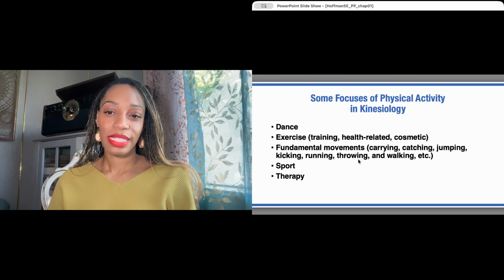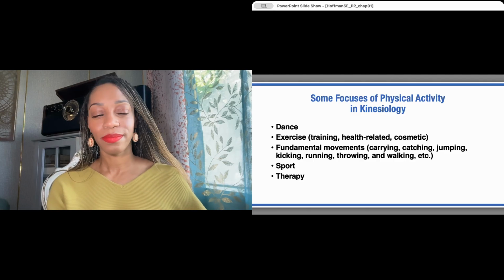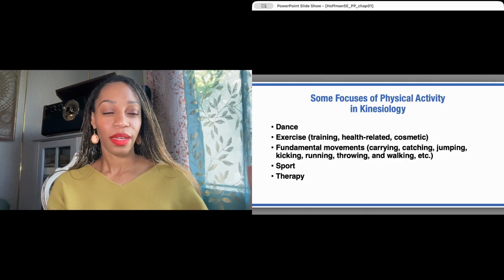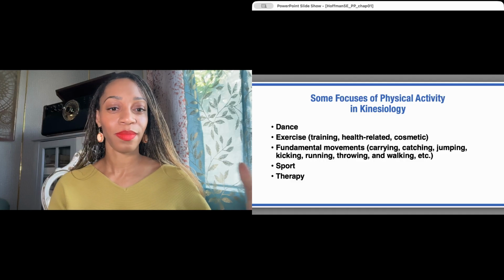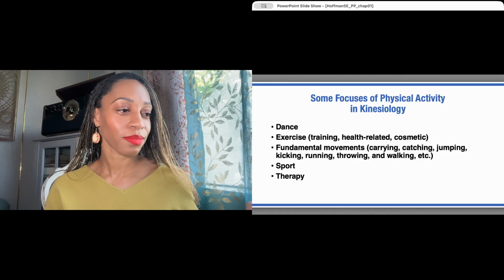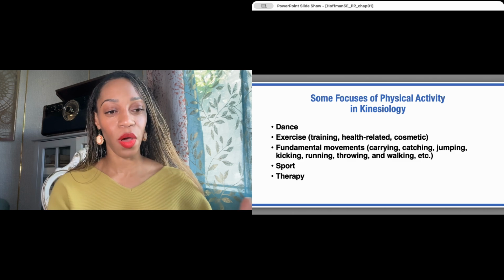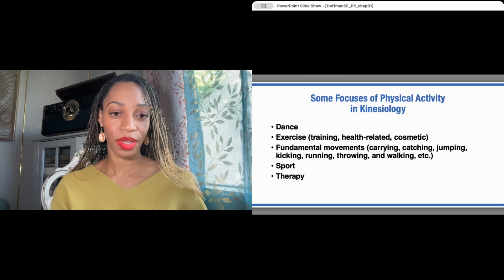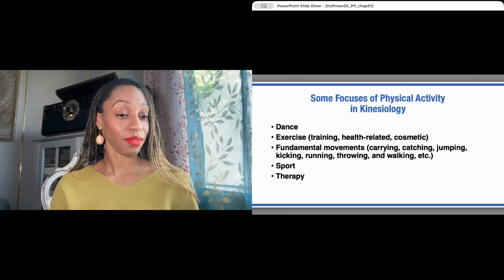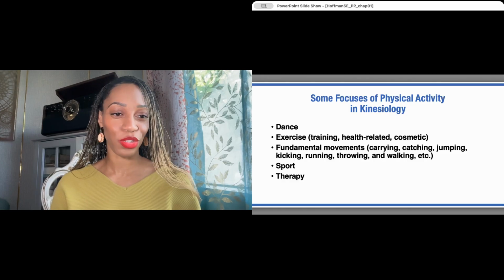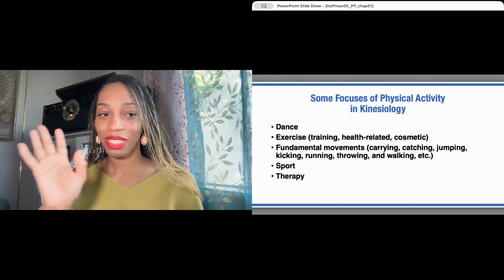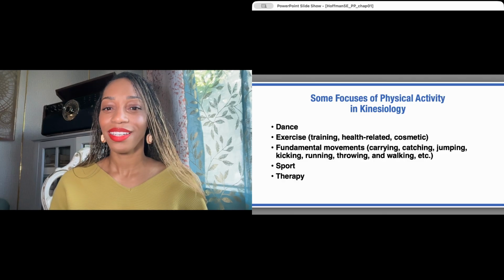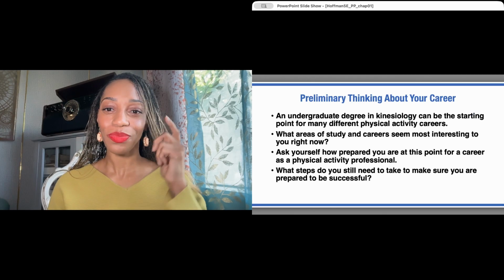Now, some of our focuses in kin are dance, exercise, our basic movements. Sometimes they're related to things called ADLs or activities of daily living, such as walking, running, etc., sports, and various types of therapy, occupational therapy, physical therapy. The list goes on, but these are just a few.